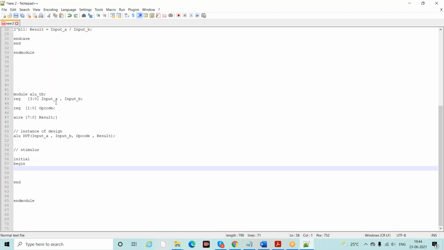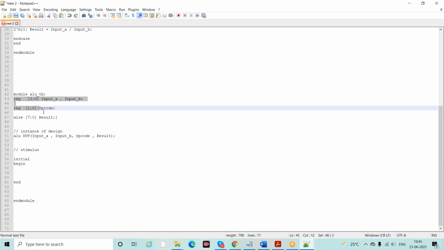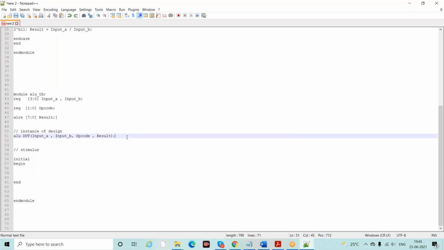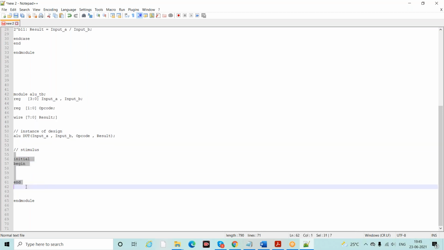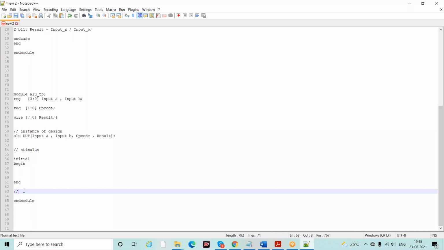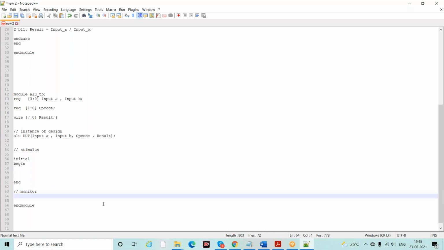Step 1, get this part. Step 2, this part. Step 3, stimulus. Step 4, monitoring. Monitor means print, that's it. If you want, print, or else you can directly check the result in your tool itself. Okay, this we can discuss.